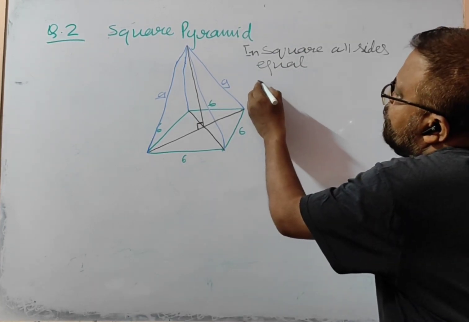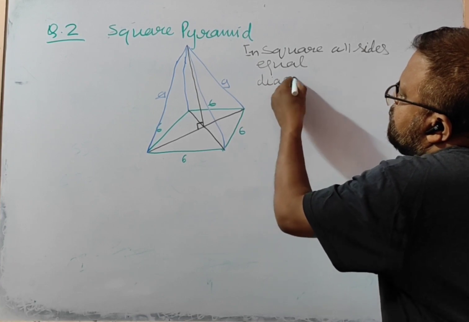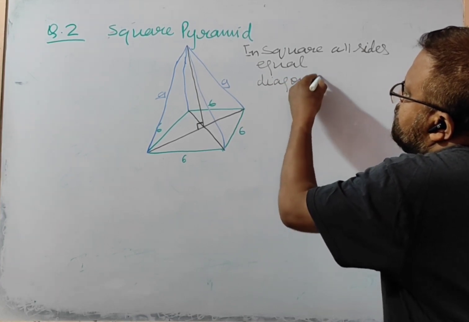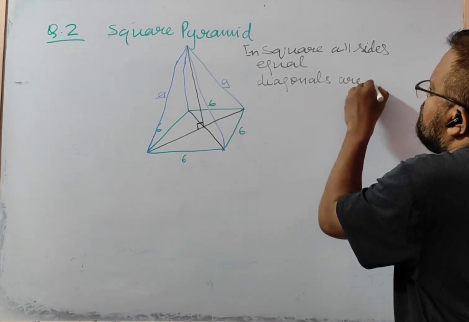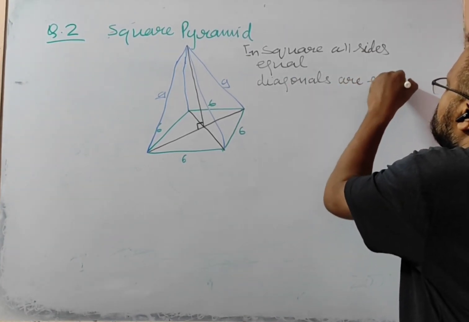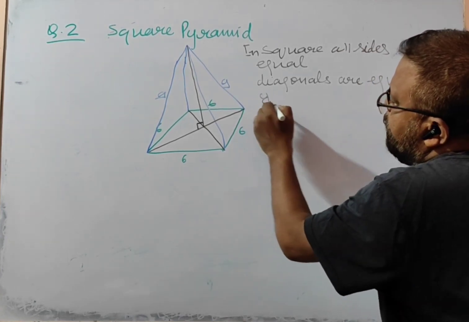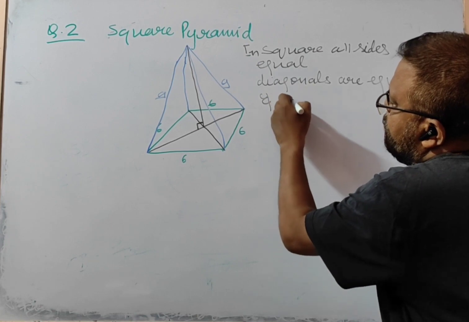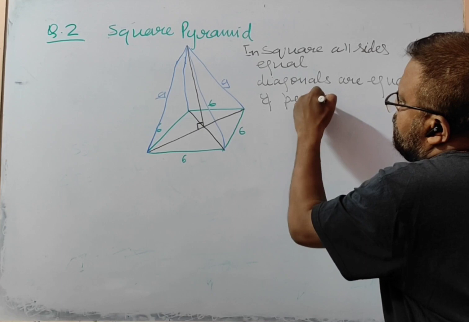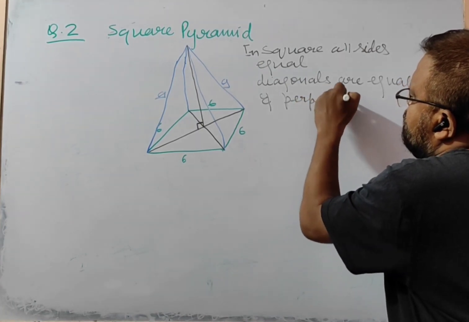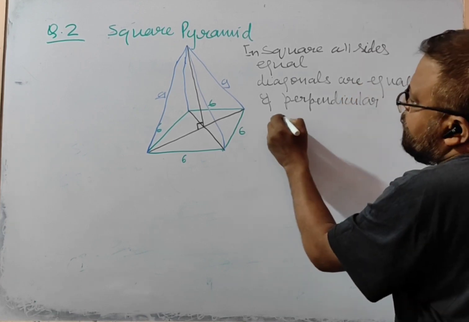Diagonals are equal, and they are perpendicular bisectors.